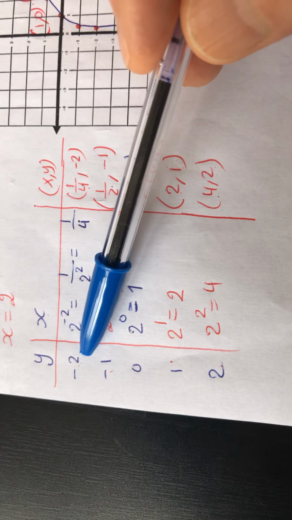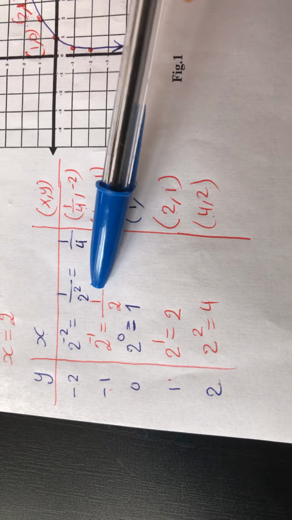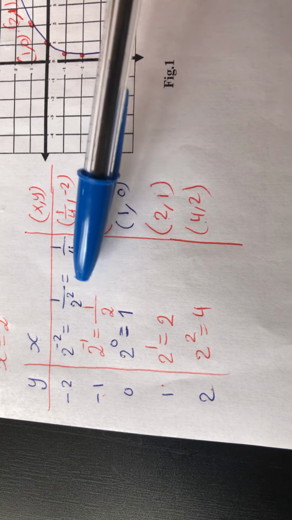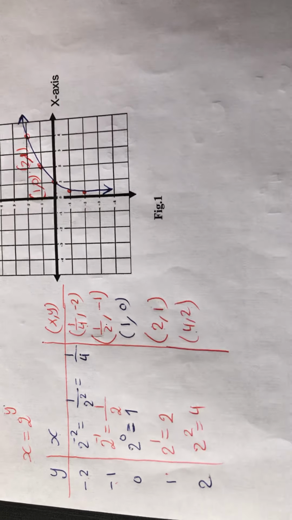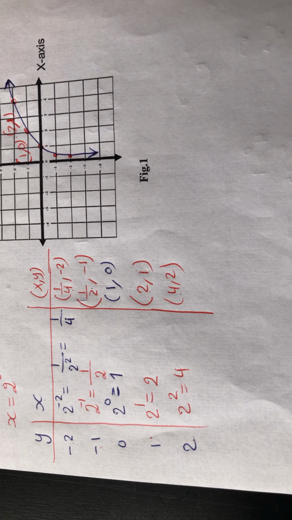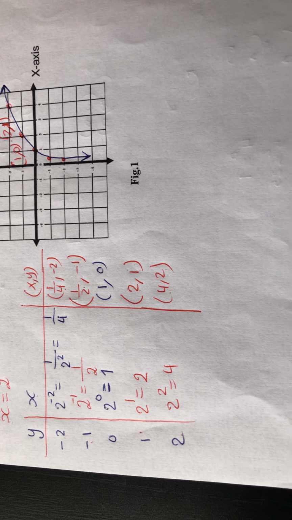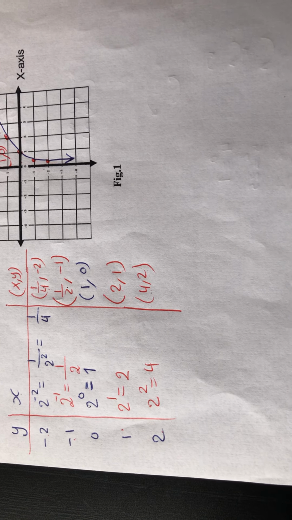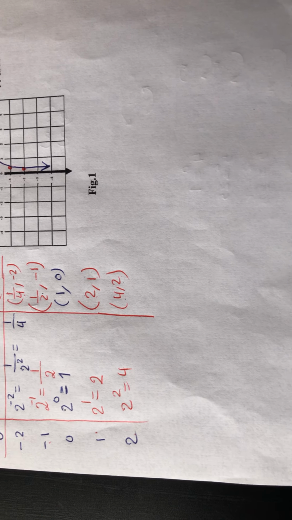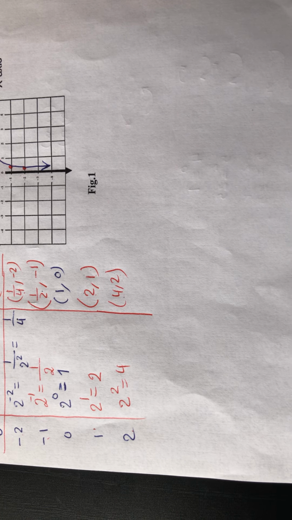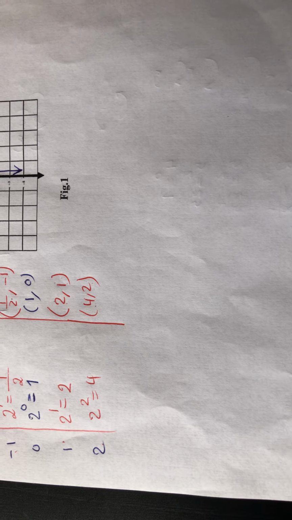If y is negative 2, 2 to the negative 2 is 1 over 2 squared, and 1 over 2 squared equals 1 over 4. If y equals negative 1, 2 to the negative 1 equals 1/2. If y equals 0, 2 to the power 0 is 1. If y equals 1, 2 to the power 1 is 2. And if y equals 2, 2 squared equals 4.